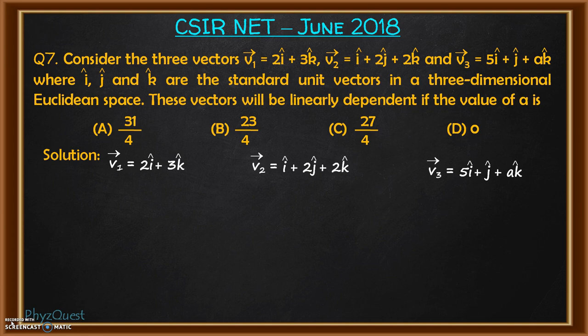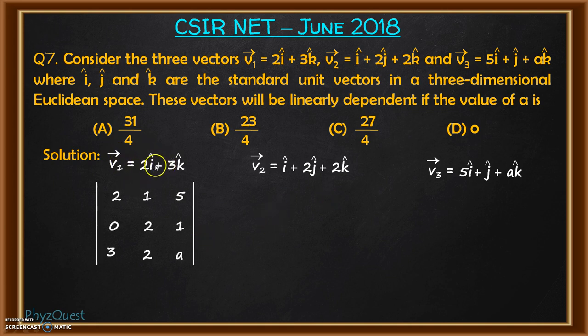The condition for the vectors to be linearly dependent is that the determinant of the matrix formed by taking the vectors as columns goes to 0. So we write the vectors in column form, form a matrix, and take the determinant of that matrix.